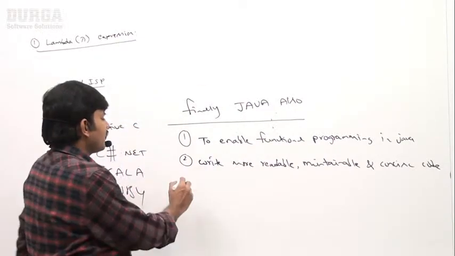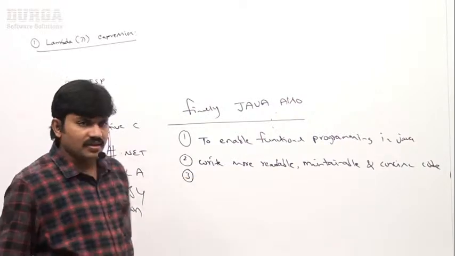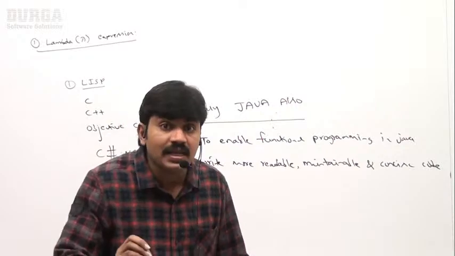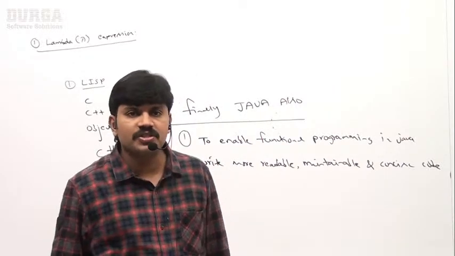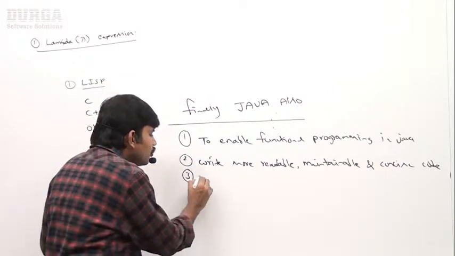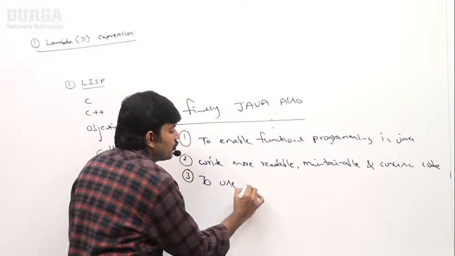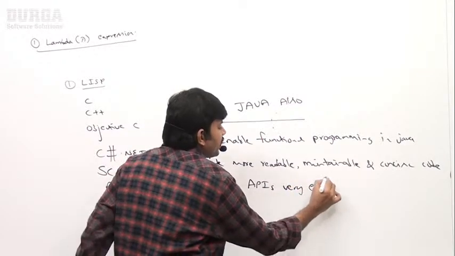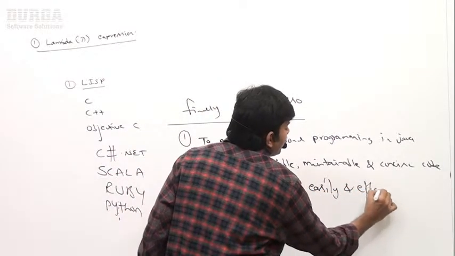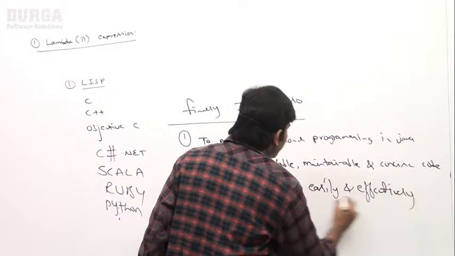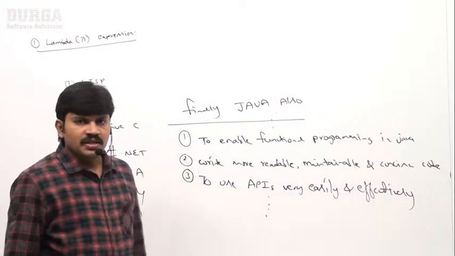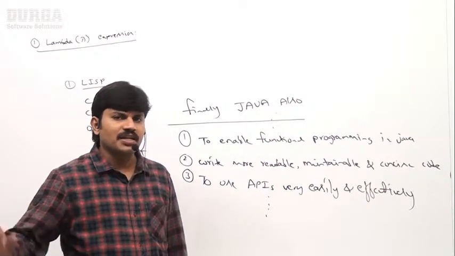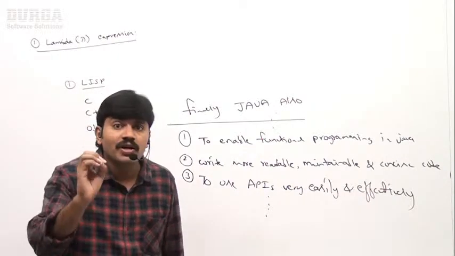After that, there are some more advantages. Lambda expressions are very helpful to use APIs very easily and effectively. Anyway, after a few videos, once we start using lambda expressions, at last I will tell you the various benefits.